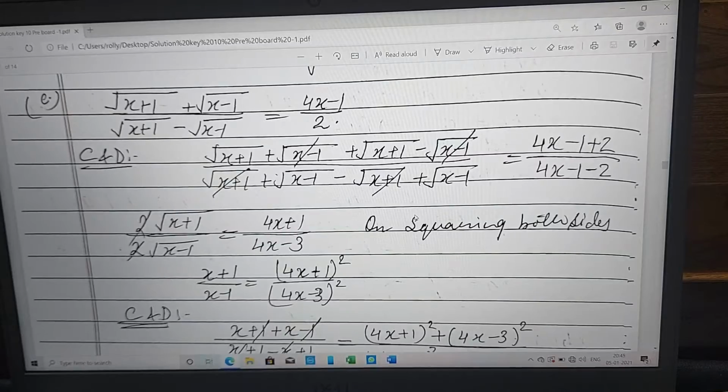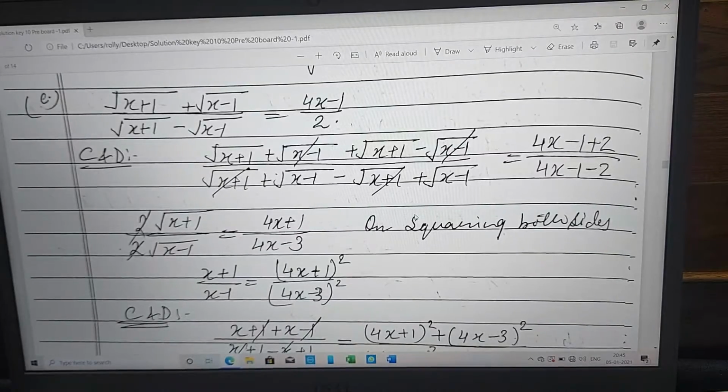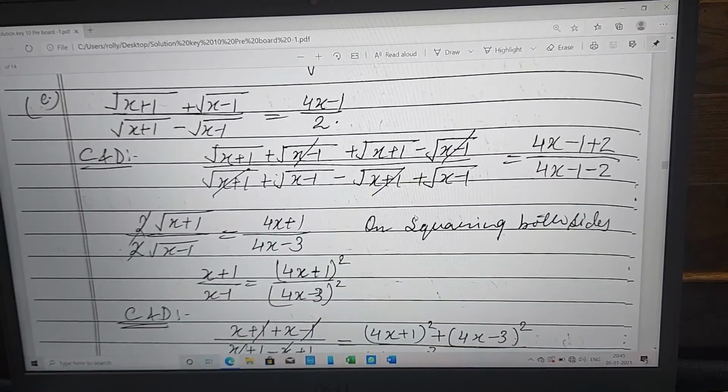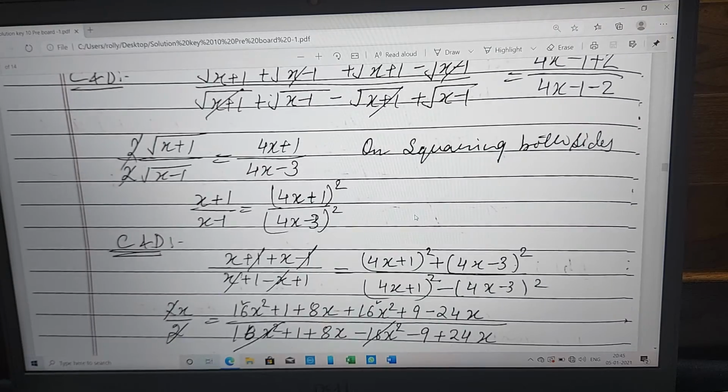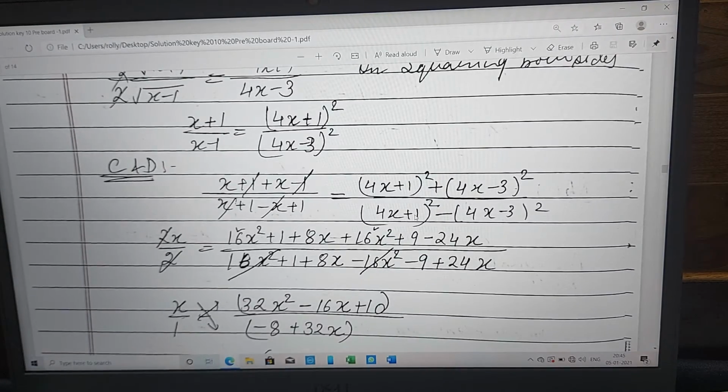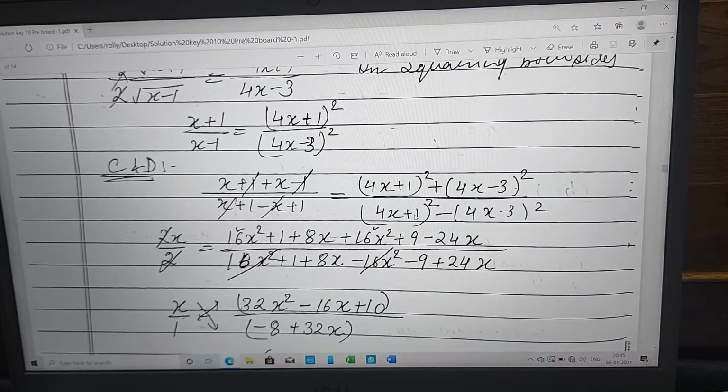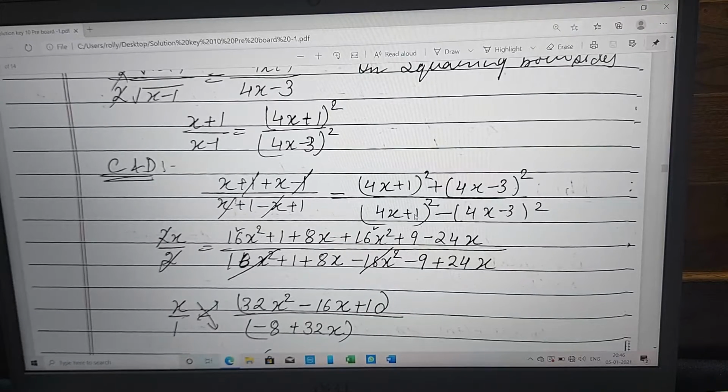Few children have squared it also, but after squaring, you are supposed to either apply componendo and dividendo once again, or use the (a plus b) whole square formula, a square plus b square plus 2ab. Children have simply removed the squares and taken it as (x plus 1) divided by (x minus 1) is equal to (4x plus 1) divided by (4x minus 3).